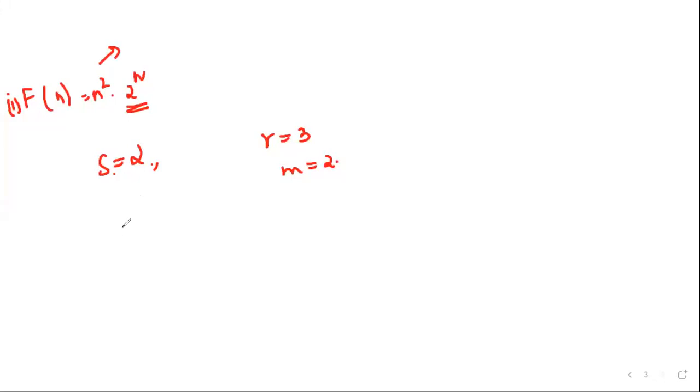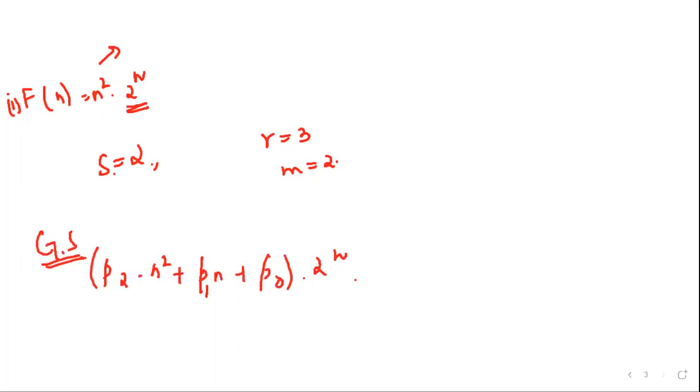This won't be essay problems, this will usually be short answer questions, so you can write it directly. So for this n square into 2 power n, your general solution will be (P2 n square plus P1 n plus P0) into 2 power n. This is your general solution.